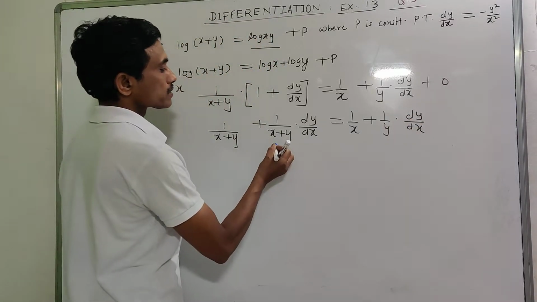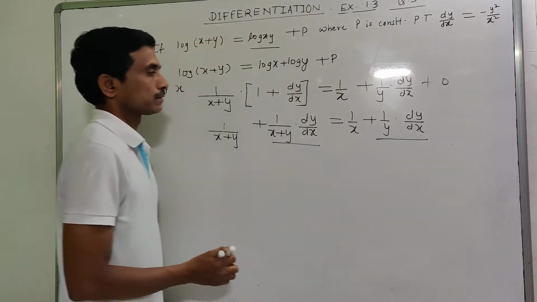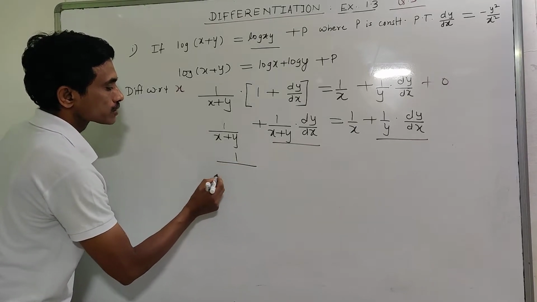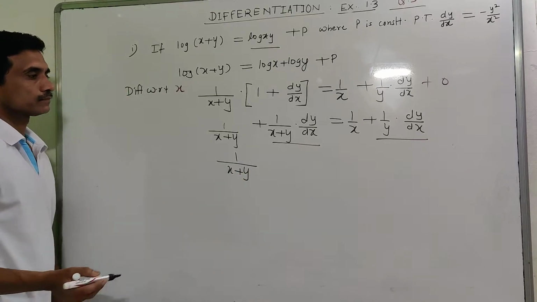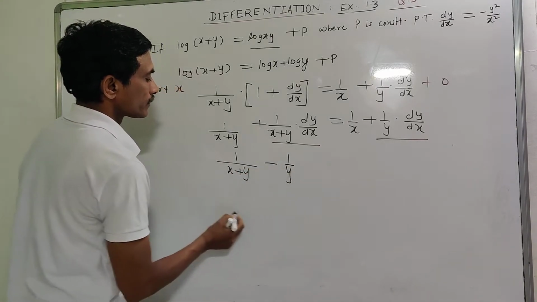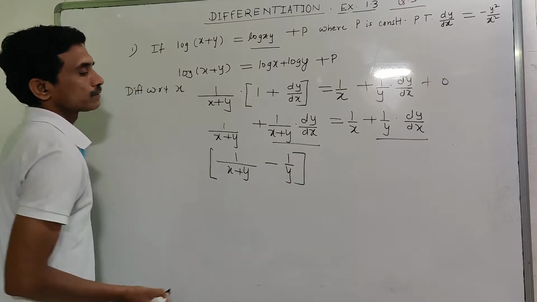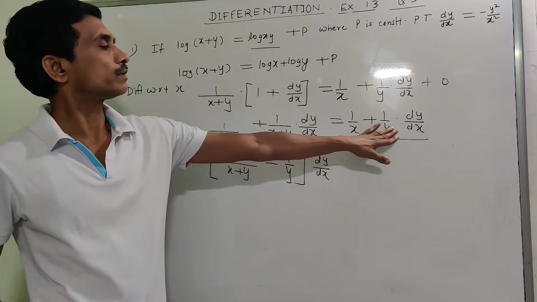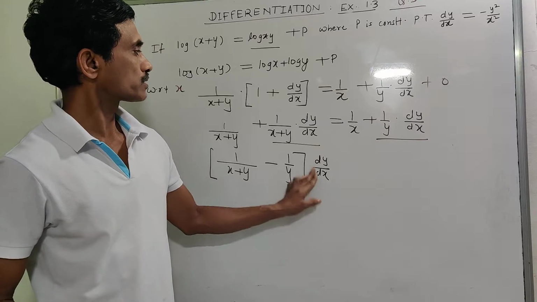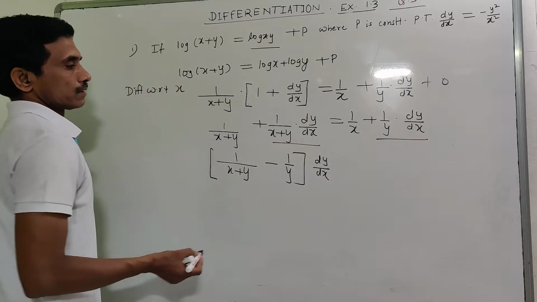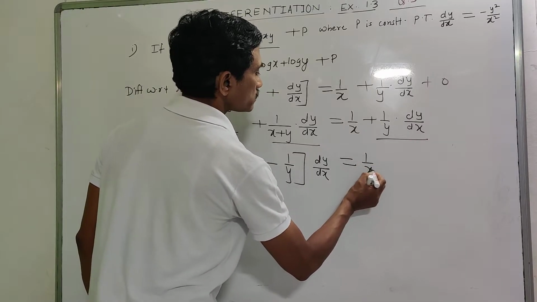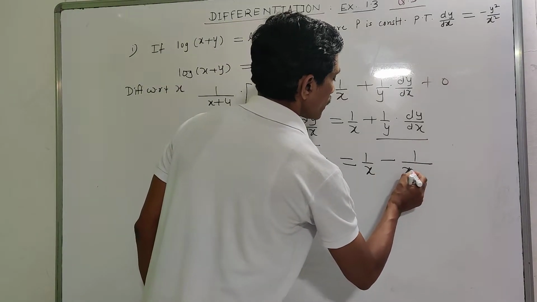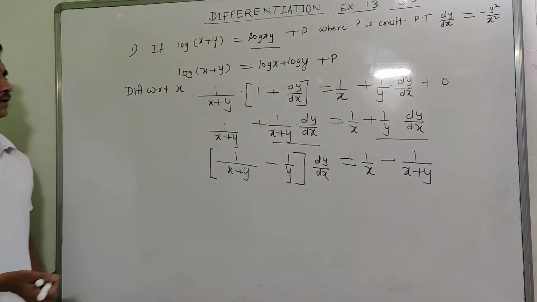Here we collect the dy by dx terms: 1 upon x plus y minus 1 upon y, taking dy by dx common. Here this we took in the left hand side, and dy by dx we take common from these two terms. Right hand side 1 by x, this 1 upon x plus y will transfer to the right hand side, 1 upon x plus y. Take LCM of the denominator.